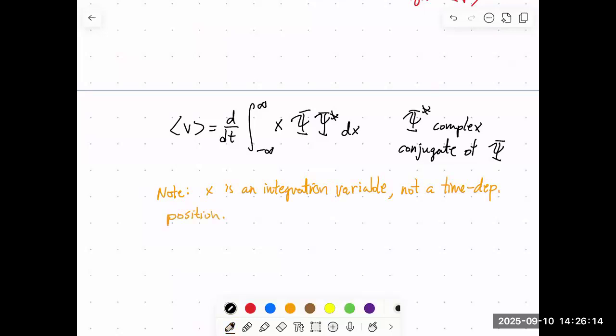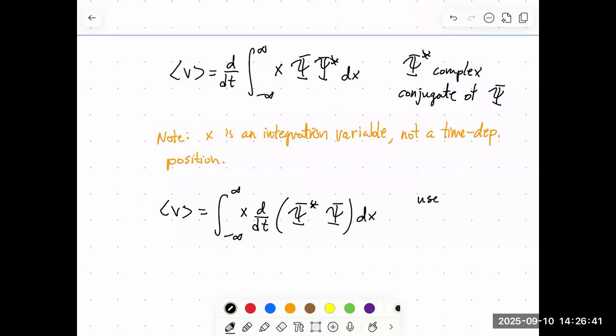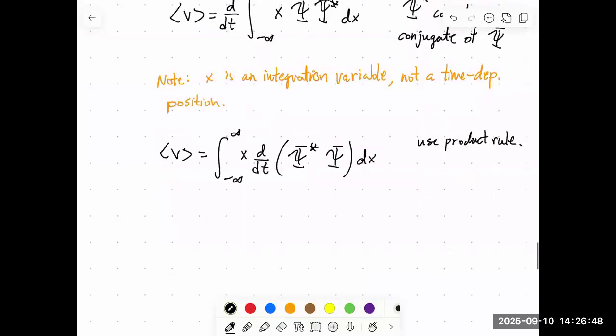Okay, so now V is going to be equal to the integral from minus infinity to infinity of x, and the time derivative is going to pass right by that x, and it's going to act on these wave functions. I'm going to put the conjugate one first, like so. Doesn't really matter. And so we're going to have to use the product rule. Okay, so let's just write out the product rule.